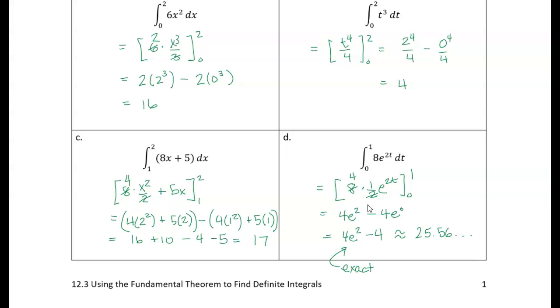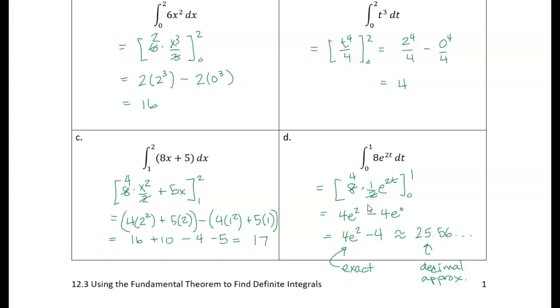So that is not an exact answer. This is a decimal approximation. So just beware, especially on Wiley, if they ask for exact answers, you've got to give exact answers.